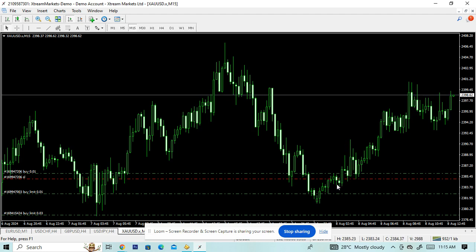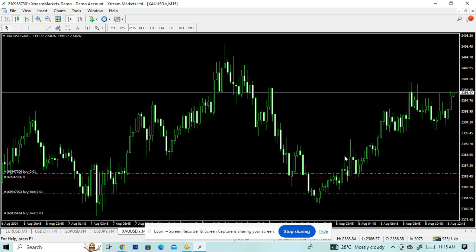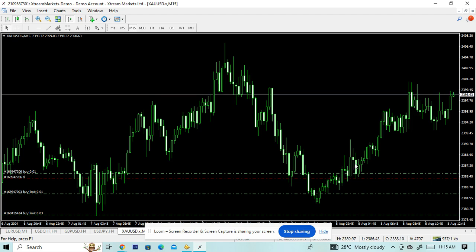Okay, it came back because now it's making higher highs, right? Now this is a low, and this is a high. This is a higher low, and this is a higher high, right? So now we made a higher high right there.